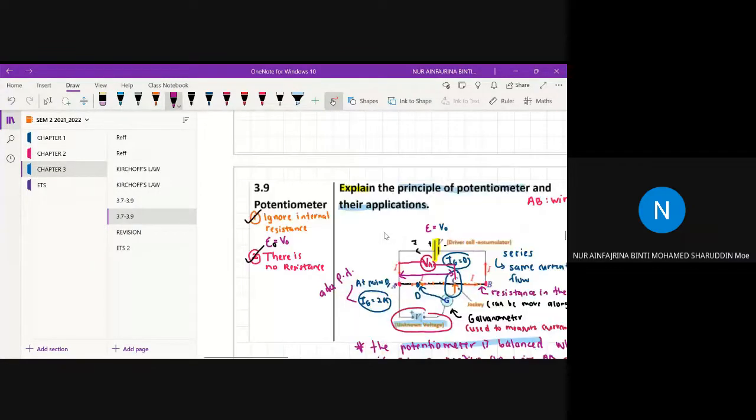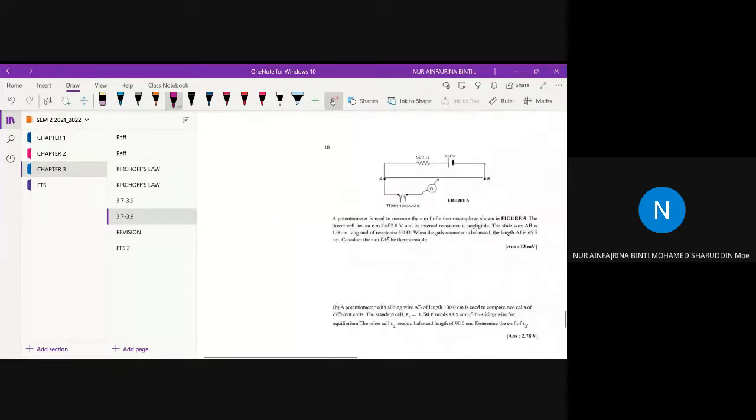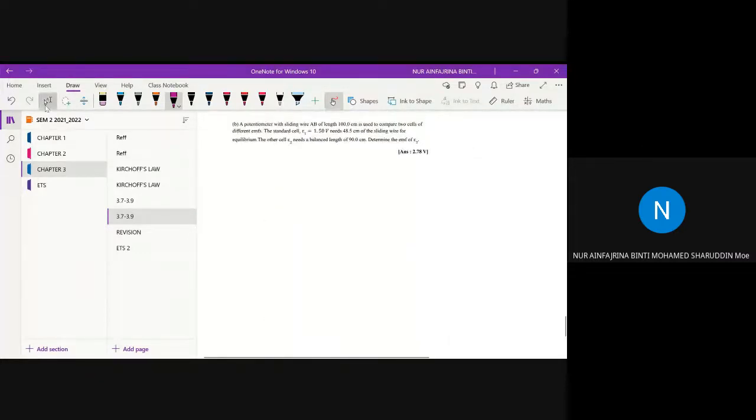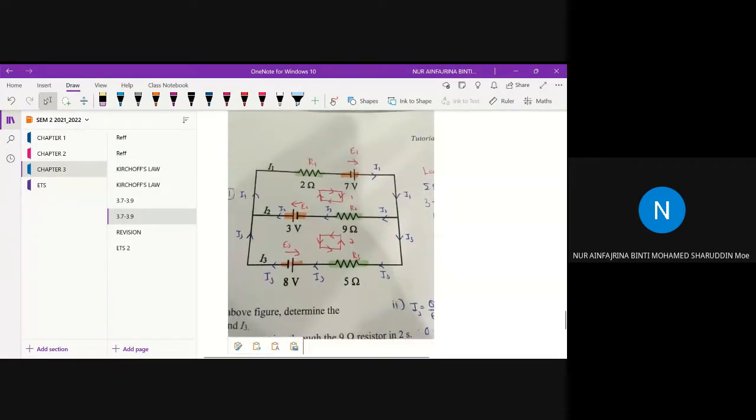So, untuk soalan 7C3 ni kan, awak tak dapat sebab awak kena letak current yang betul sepatutnya. Okay. So, this is the question.